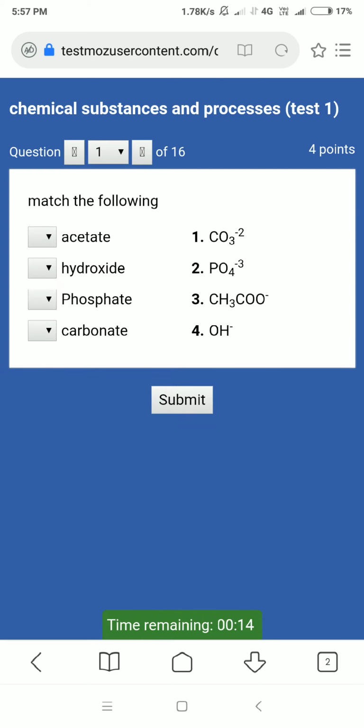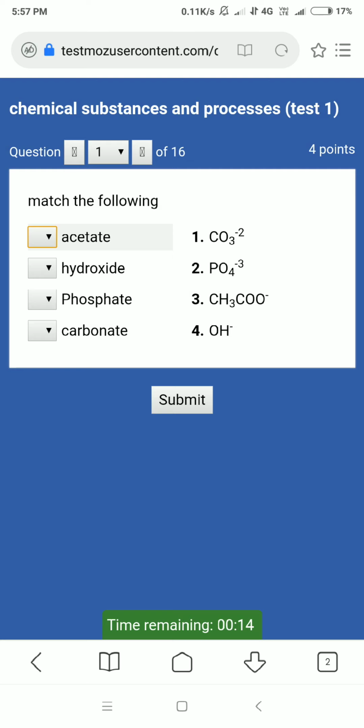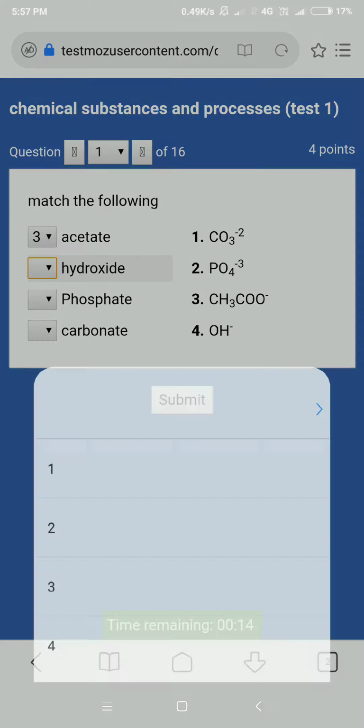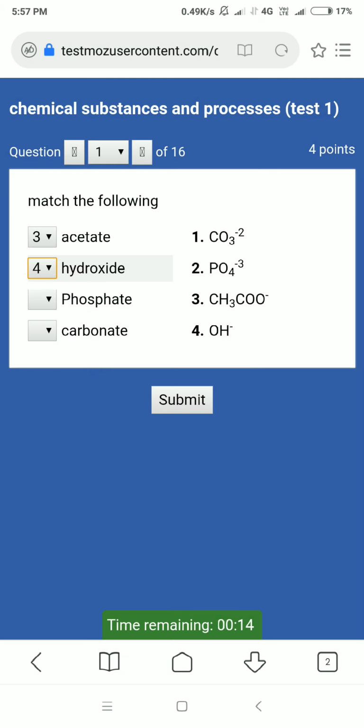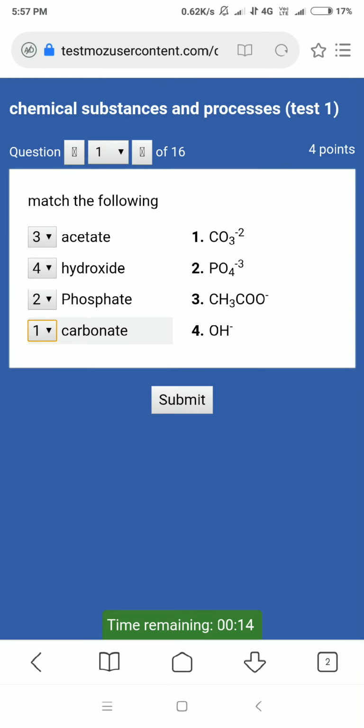Here the first one is acetate, and acetate you have read is CH3COO negative, it is number third. Second one is hydroxide, OH negative, answer will be 4. Phosphate, PO4 3 negative. Second one, carbonate, CO3 2 negative, the answer will be first one.